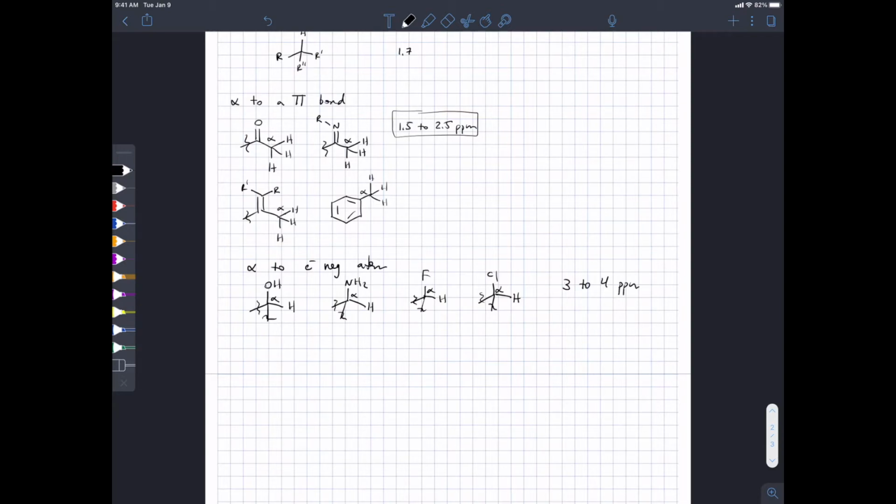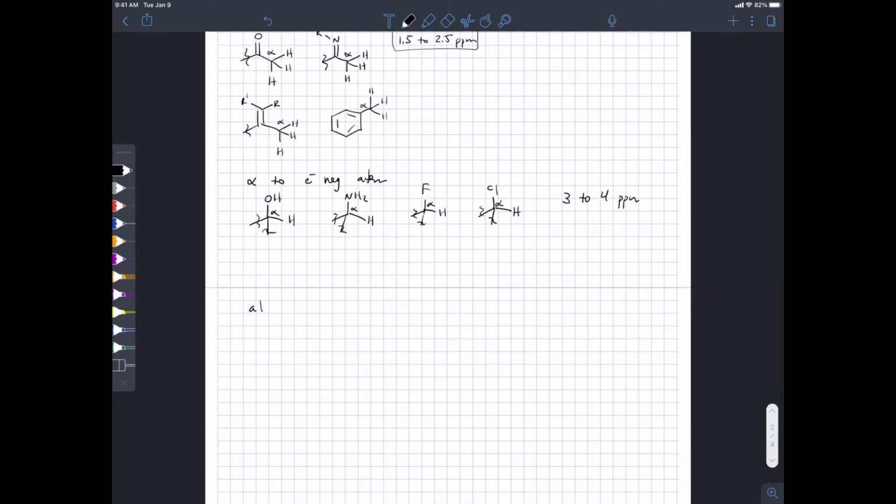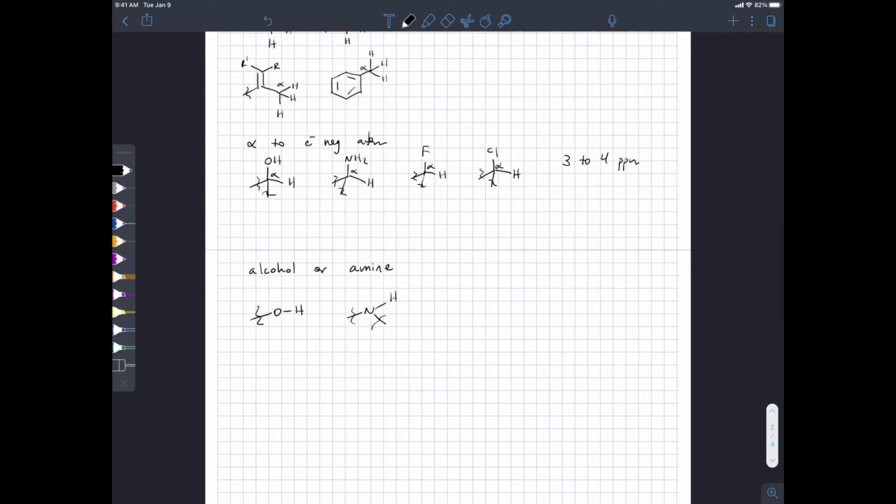All right. How about the proton that's attached to the alcohol? Well, that gets a little tricky. Alcohols and amines have these hydrogens that are on electronegative atoms. And as you know from earlier on in the course, these kinds of groups can hydrogen bond.